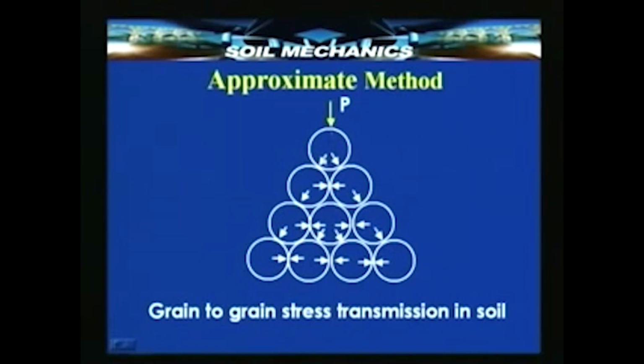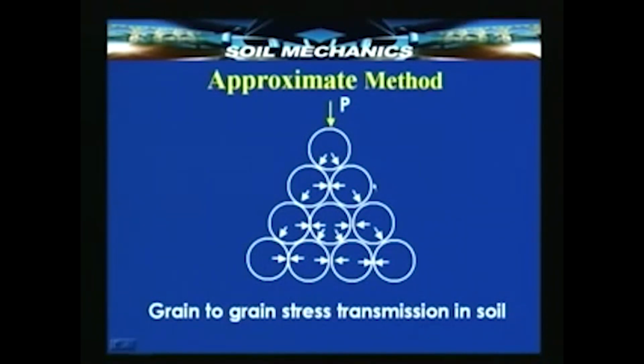See here, the stress gets divided between these two. These two particles in turn are supported by three more particles here like this. So, this transmits stresses here as well as here as well as here, and this goes on and on. Ultimately, this load P gradually gets dispersed over larger and larger areas as we go deeper and deeper.